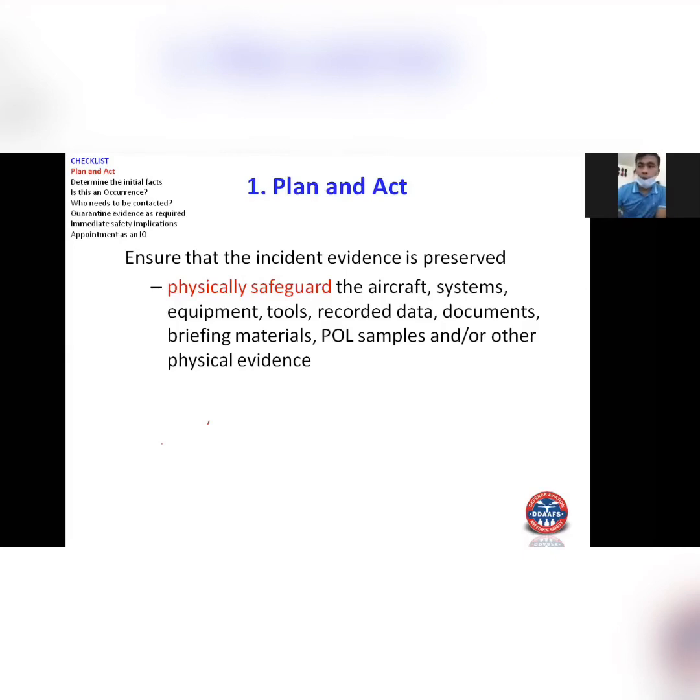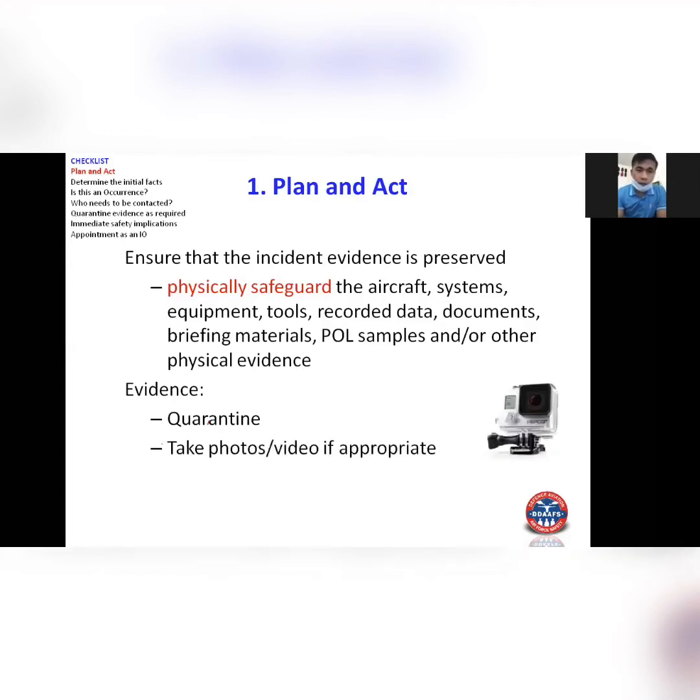And then, since ang sample natin is aircraft, so i-check yung mga activities na na-record prior to the accident. So, yung mga maintenance record, yung pilot's briefing boards. So, everything na nagamit for that flight must be preserved kasi magagamit yun for our investigation. Then, evidence, as what I have mentioned, should be quarantined.